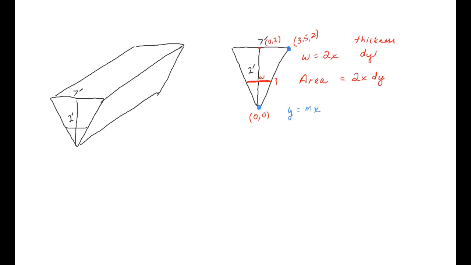And the slope is, we go up 2 and over 3.5, right? So y equals 2 over 3.5 times x. I really don't like that decimal in the denominator, so I'm going to call that 4/7 x, multiplying top and bottom by 2.